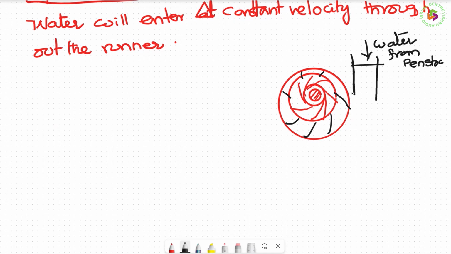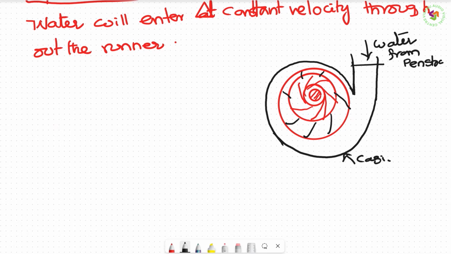So now you see how the area of cross section is changing. So this is the casing. Water enters from the penstock into the casing. This is how it enters. What happens to the area of cross section of flow? It decreases. It slowly decreases. Why?